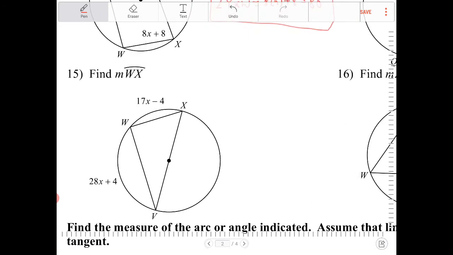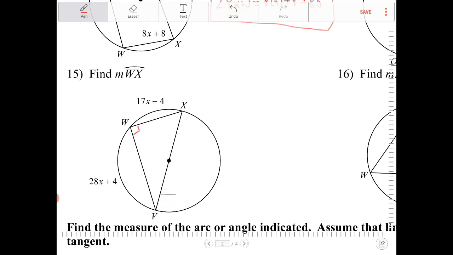Find arc WX. Okay, so notice that XV is a diameter, and because that is a diameter, this is going to be 90 degrees. But wait a minute, I'm not even asked to do that. I'm just asked to find out what WX is.